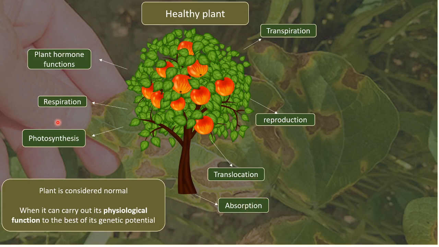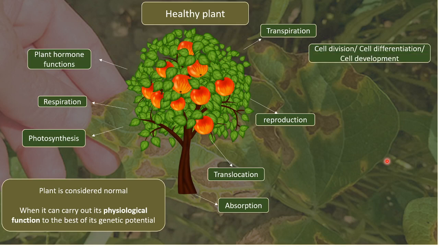Apart from these physiological functions, there are also many other physiological functions which we can list down. These are cell division, cell differentiation, and cell development. So every cell divides, differentiates, and develops into a mature cell.